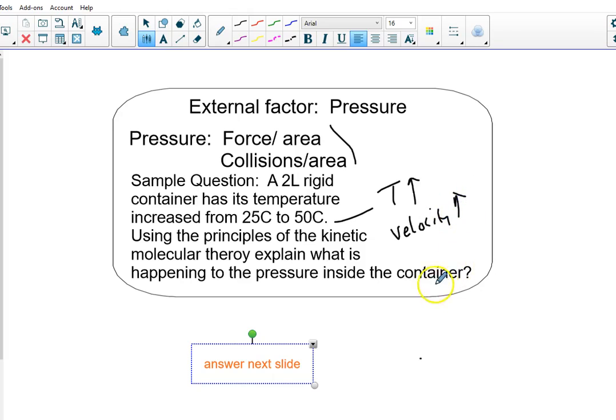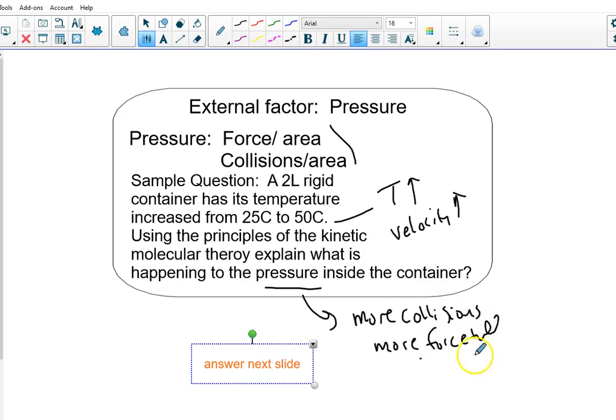But really, when it wants to talk about pressure, you need to explain the fact there are now more collisions, and more forceful collisions. Now more forceful collisions will cause, in this case, more pressure.